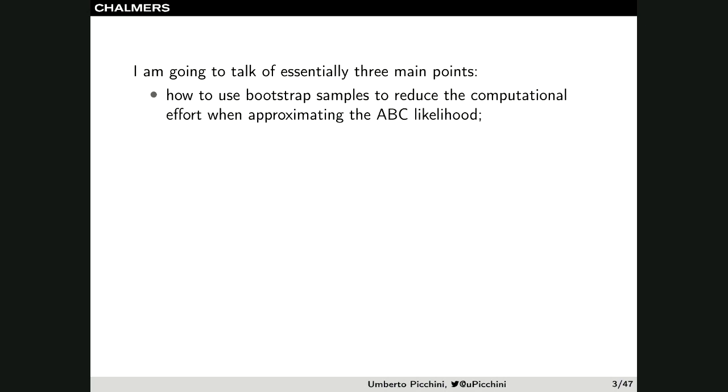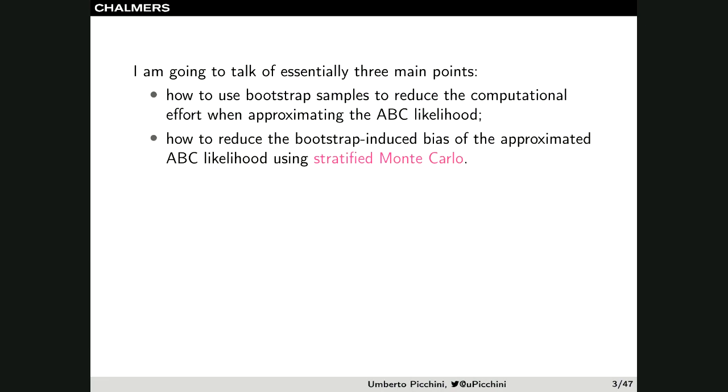Okay, so there are basically three main points that I want to touch. How can we reduce the computational effort in ABC when approximating the ABC likelihood by using bootstrapping? A second point is, when we introduce bootstrapping, we are introducing some bias in the approximation of the ABC likelihood.